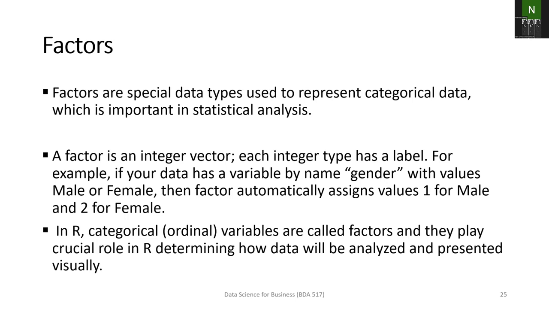It could be height: short, shorter, shortest. So these are ordered. But something like male, female is not ordered. Though it's a categorical variable, it is not ordered.